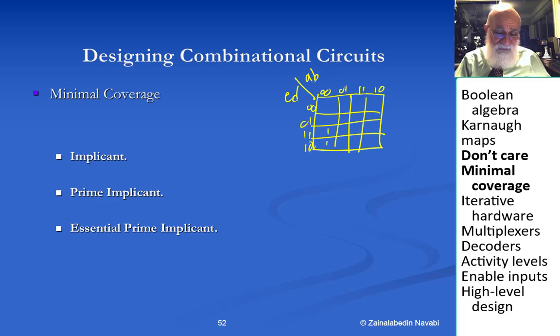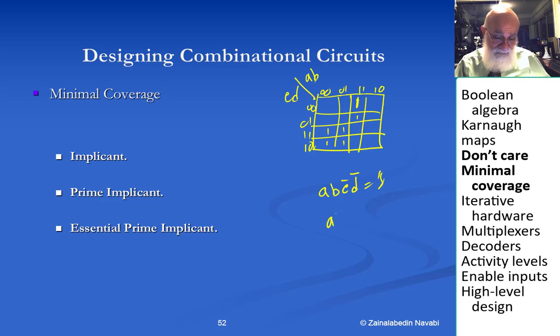If any term becoming a 1 can turn my function to a 1, that term is the implicant of my function. If A, B, C bar, D bar, because there is a 1 here, if this becomes a 1, my function becomes a 1, and therefore this is an implicant.